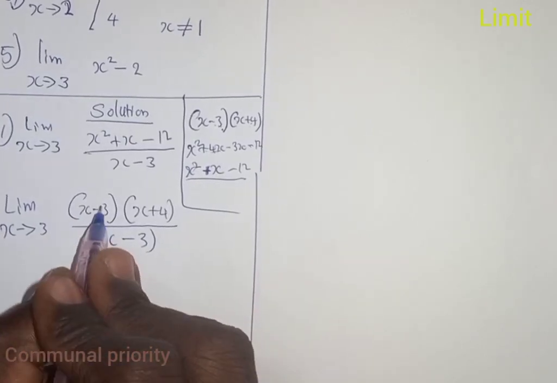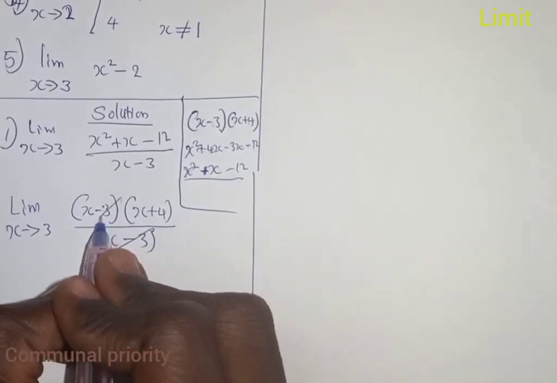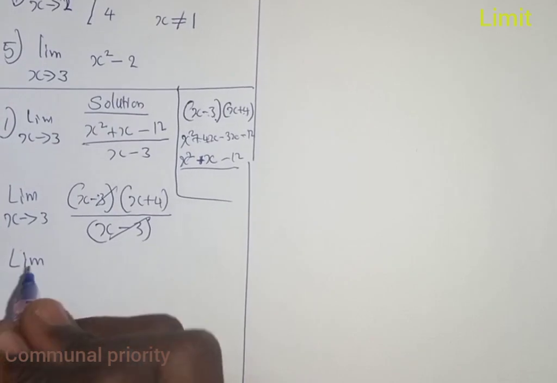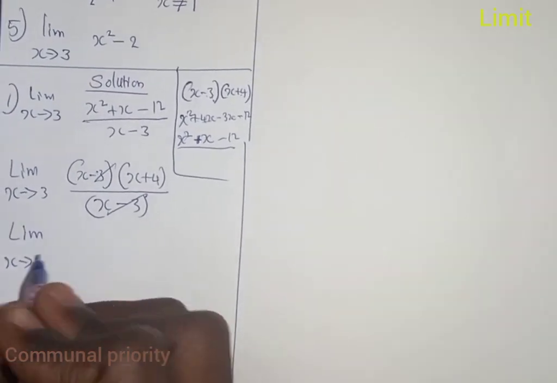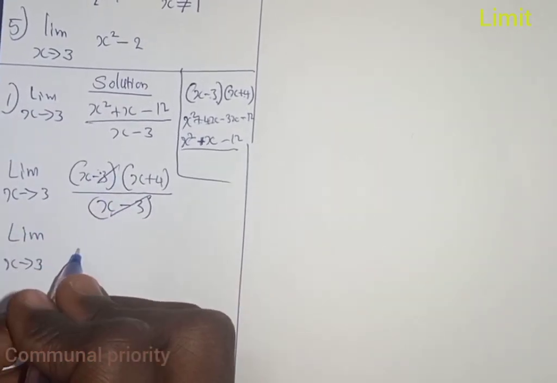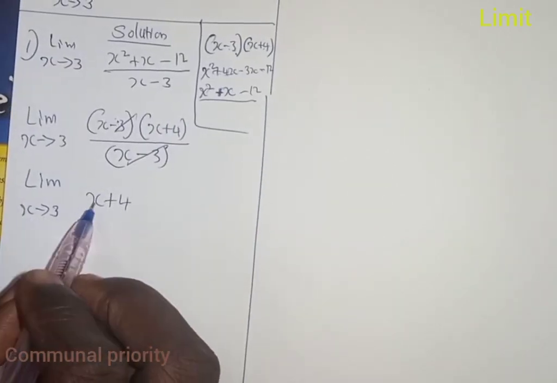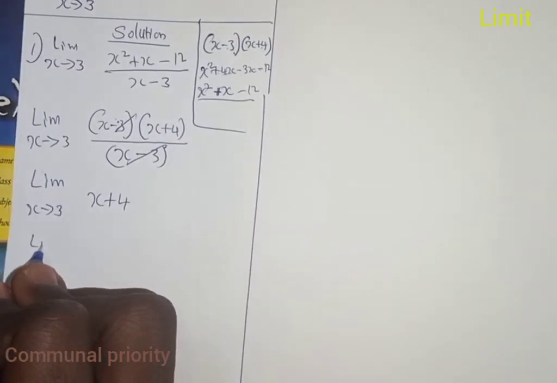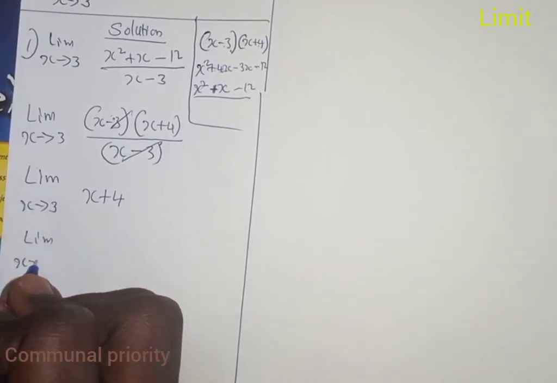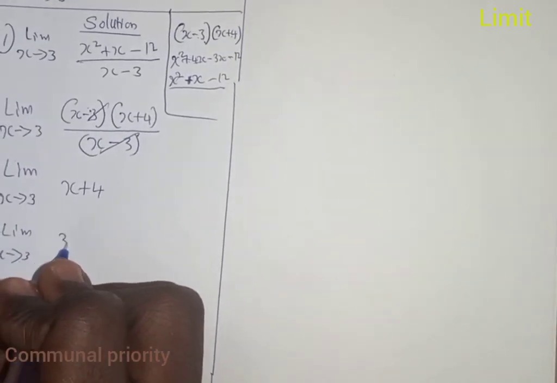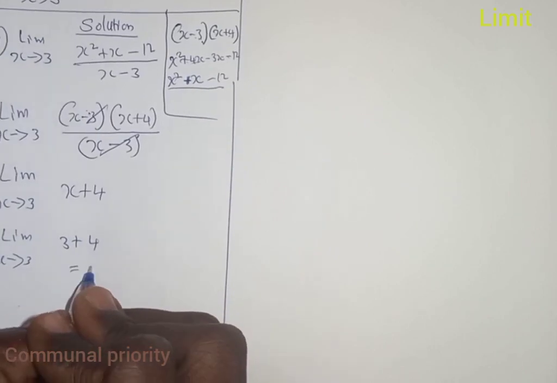Here x minus 3 and x minus 3 are common, so they cancel each other. We are left with the limit as x approaches 3 of x plus 4. Now we can substitute the value of x directly. We have 3 plus 4, which is equal to 7.